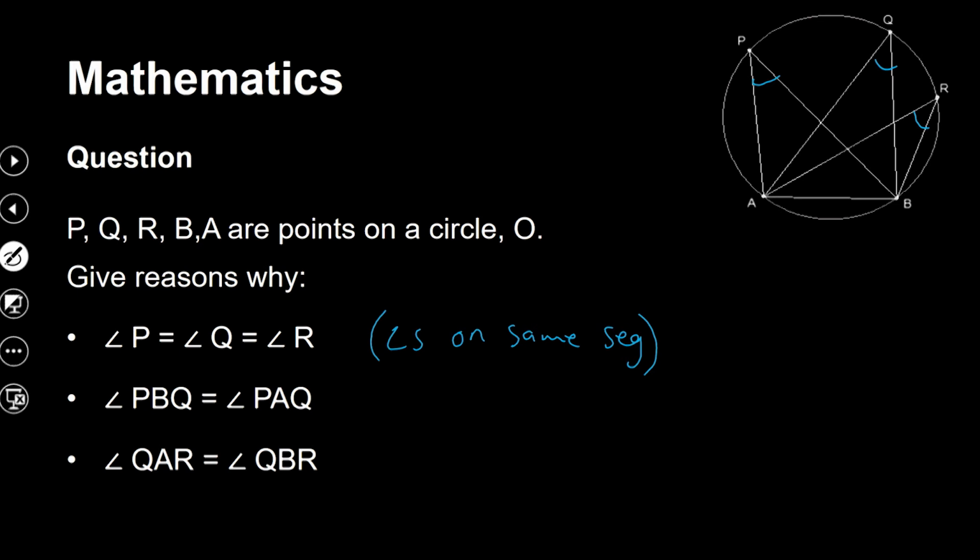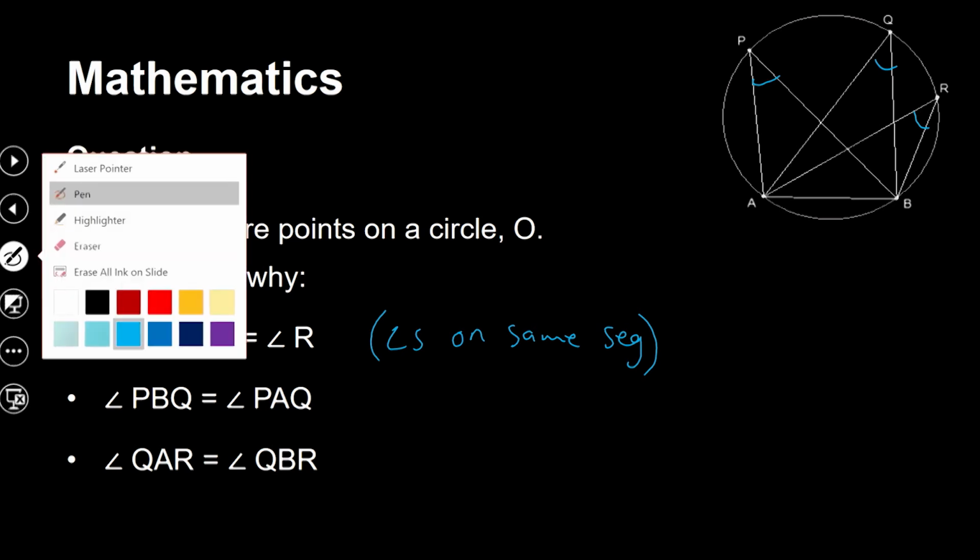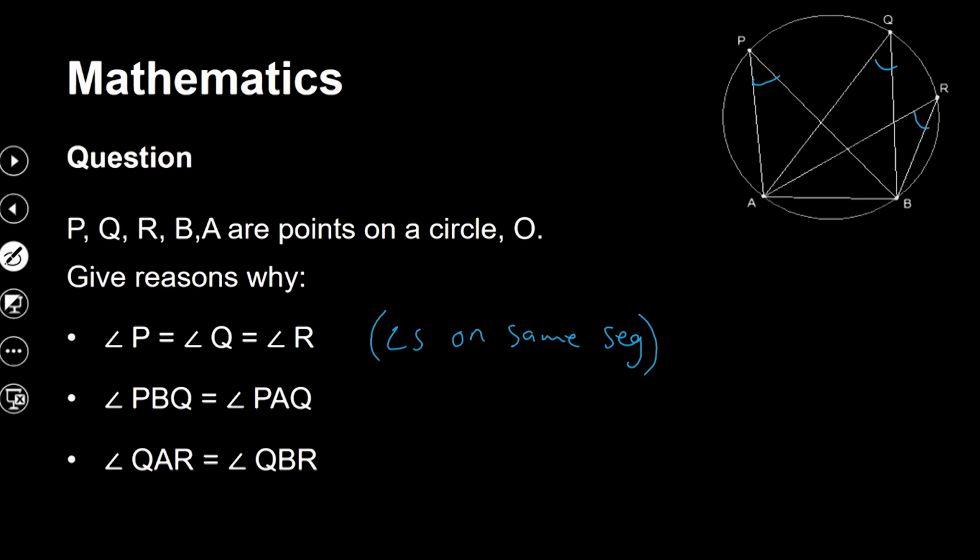Also, why is PBQ? So PBQ, I have PBQ. So this angle here, let me just use a different color so we can see the differences. This one here, PBQ, is equals to PAQ. PAQ will be this one there. So you can see also they are both subtended by that PQ there.